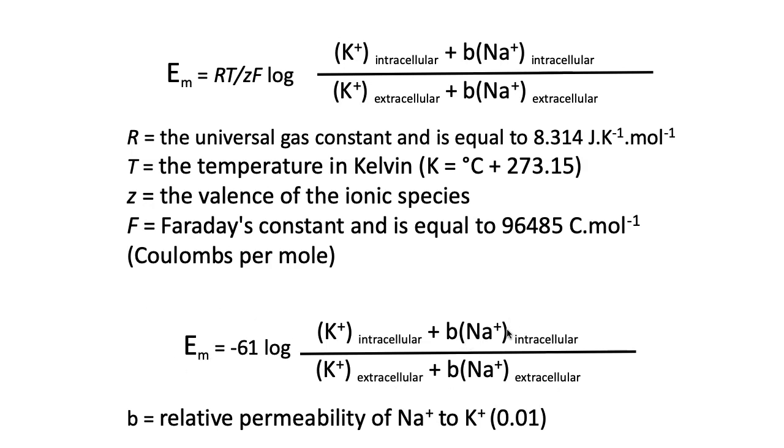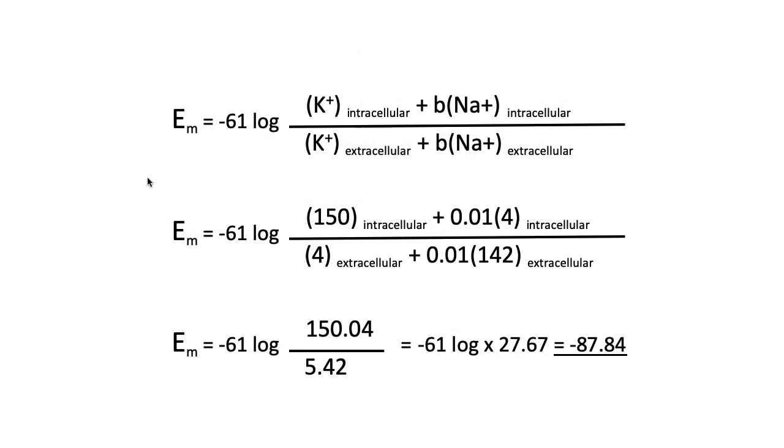Sodium is here just for completeness' sake, but look, the relative permeability of sodium to potassium is about 0.01. So we put a 0.01 factor here on the sodiums, and basically these terms are quite insignificant. What really drives it is potassium, and that is why serum potassium could cause all those problems in excitable cells like the heart. Okay, so let's just do an example.